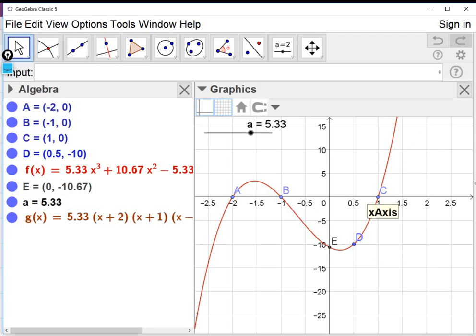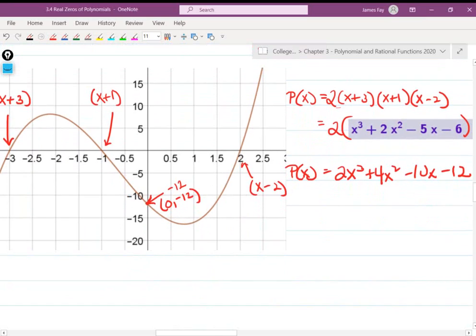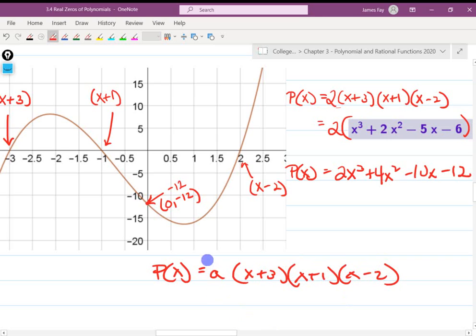Okay with everybody? Now that's the same procedure that you could use up here. So p of x, we said, was a times x plus 3 times x plus 1 times x minus 2. Here is a fourth point, where -12 is your y value.